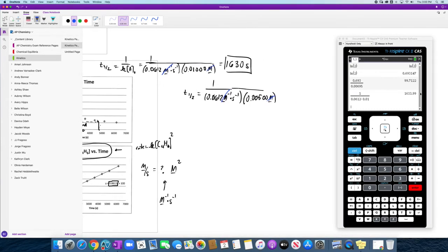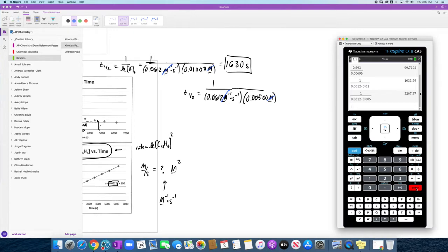So what's that half-life going to be? 1 divided by 0.0612 molarity -1 seconds -1 times 0.005. This will give us the second half-life. Notice it's longer, and it's actually twice as long.